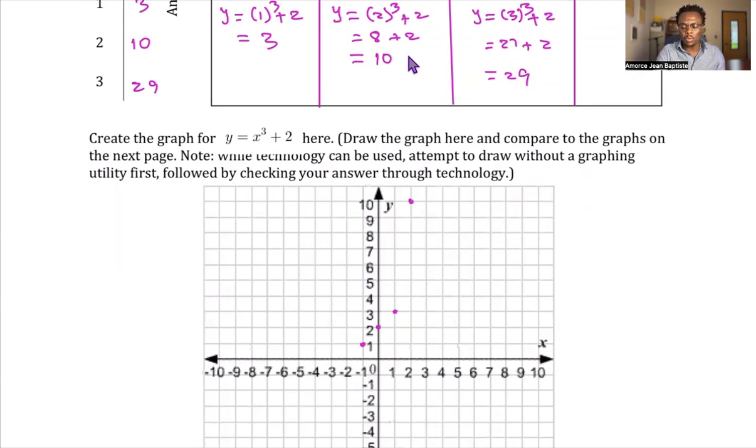Now, sometimes you may want to use your graphing calculator to see the pattern, because for more complicated patterns in this class, you can use any TI-84 calculator. So for this one, we're just going to sketch the graph, type the graph in the calculator, and then see the pattern, because we already have the points.